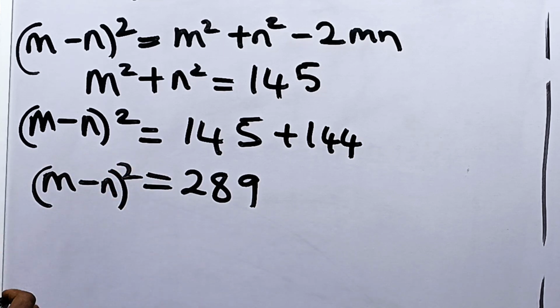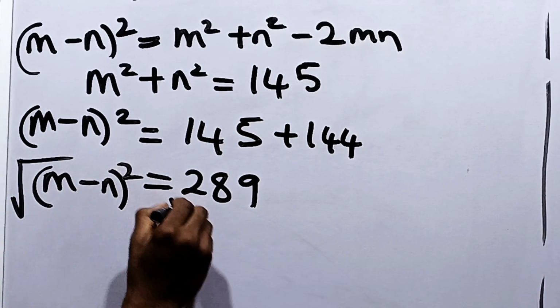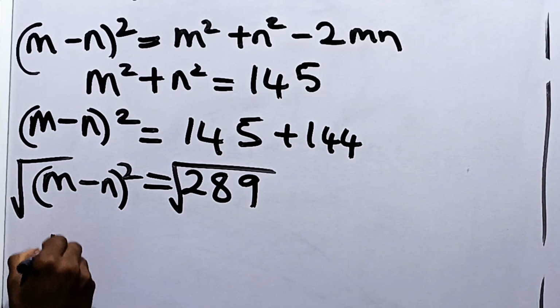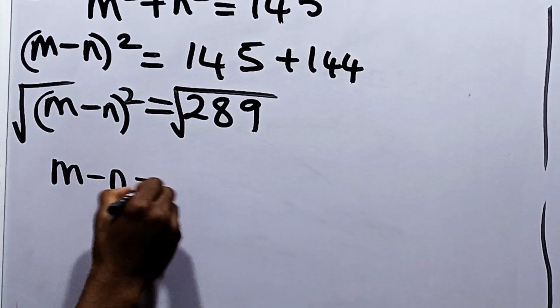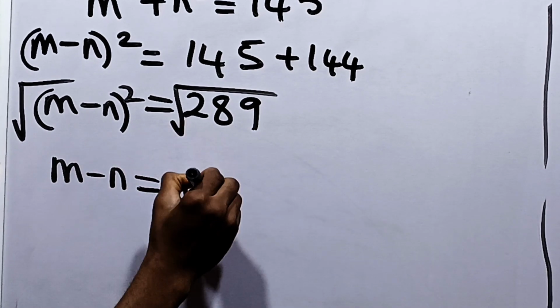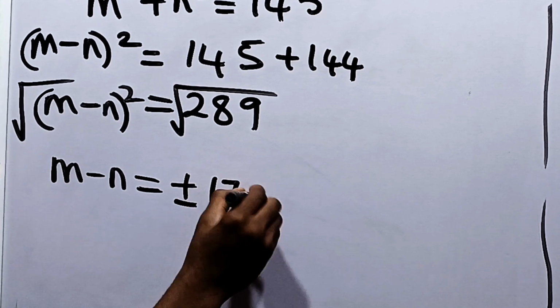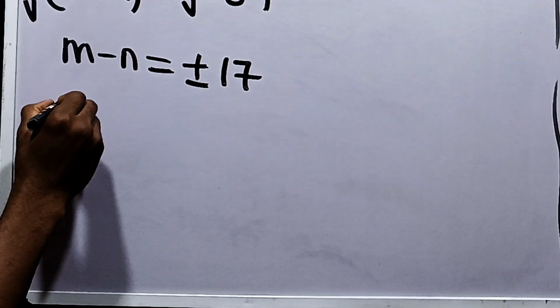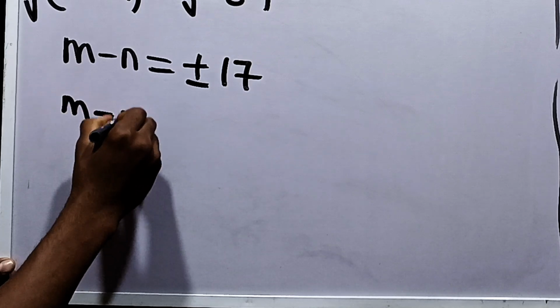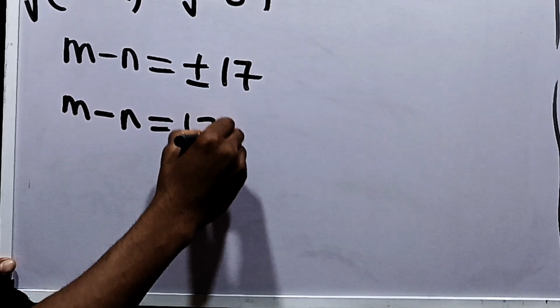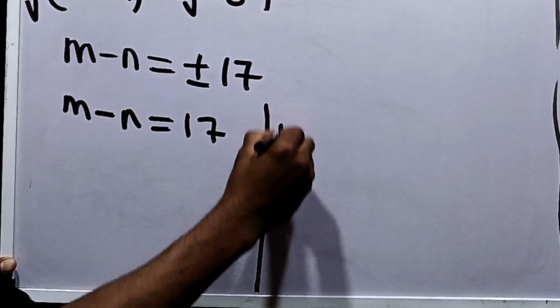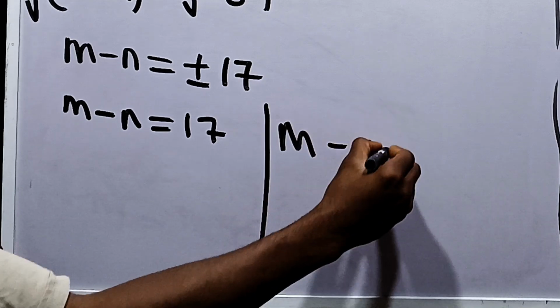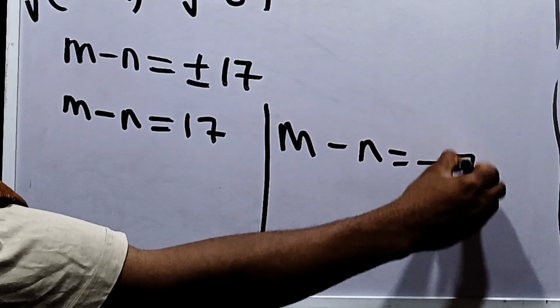Now taking the square root of both sides, we have square root of this side and square root of this side. So we have that m minus n alone will now be equal to plus or minus square root of 289, which is 17. Alright? So we can now split this up. Alright? So we have that our m minus n is equal to 17, or our m minus n is equal to negative 17. Alright?